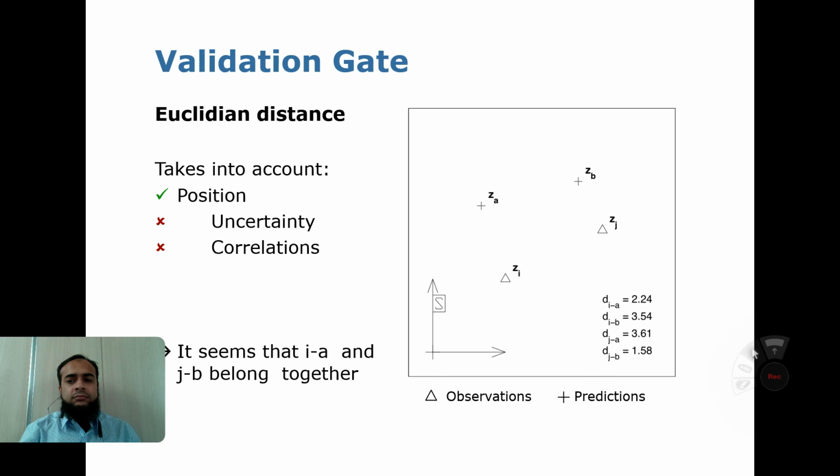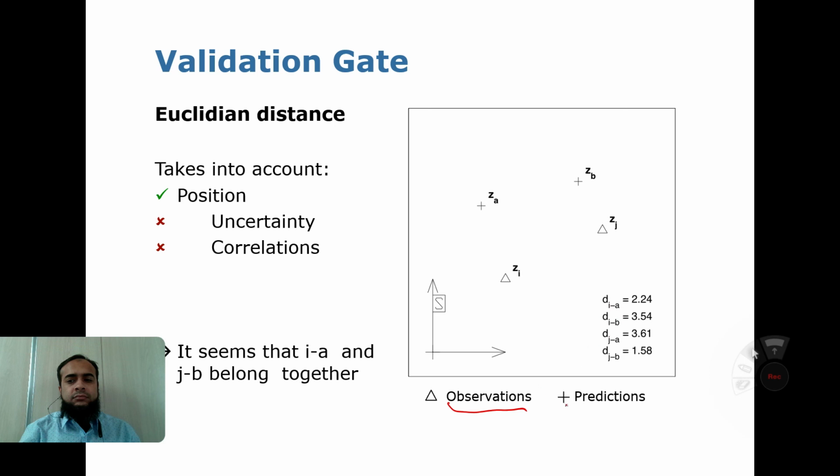For example, there are some measurements, and we calculate the distances IA, IB, JA, JB. Here the triangle sign is the observation and the plus sign is the prediction.